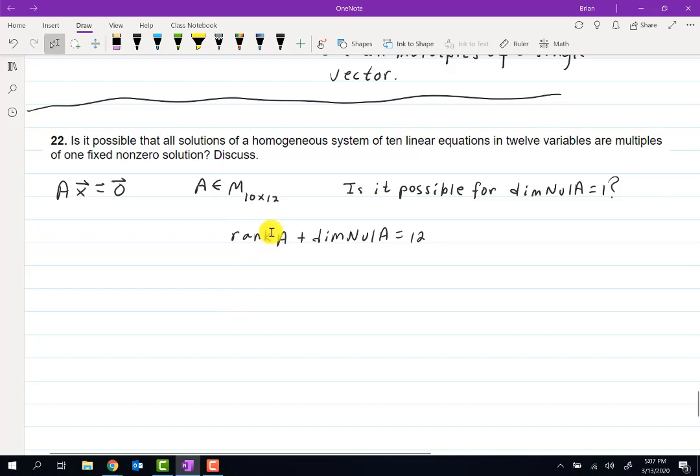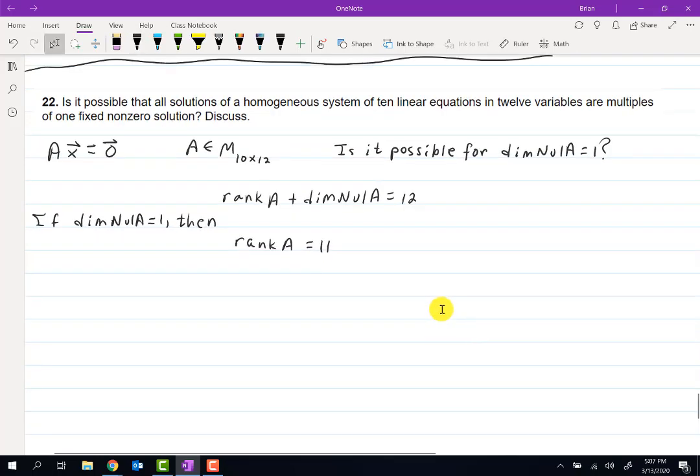Now, is it possible for dim null A to equal 1? If so, then we have rank of A will equal 11. Is it possible for the rank of A to equal 11?